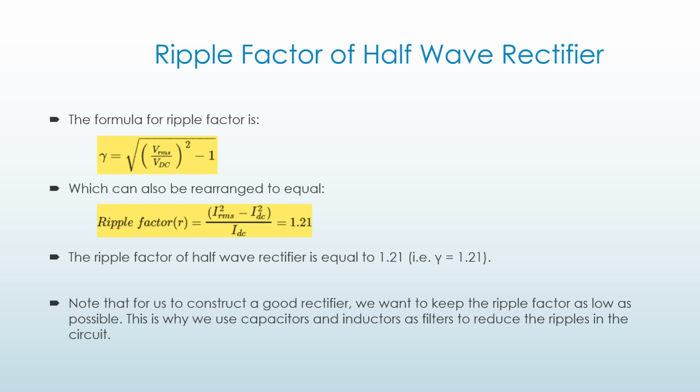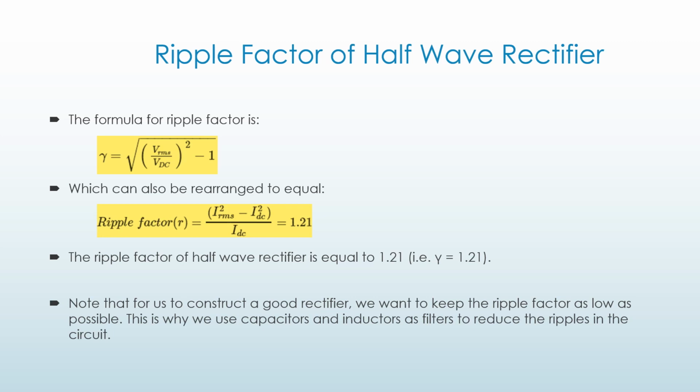This is the formula for ripple, denoted by r, which can also be rearranged as ripple factor equal to the square root of (Irms squared minus Idc squared) upon Idc, which is equal to 1.21. The ripple factor of half-wave rectifier is equal to 1.21.